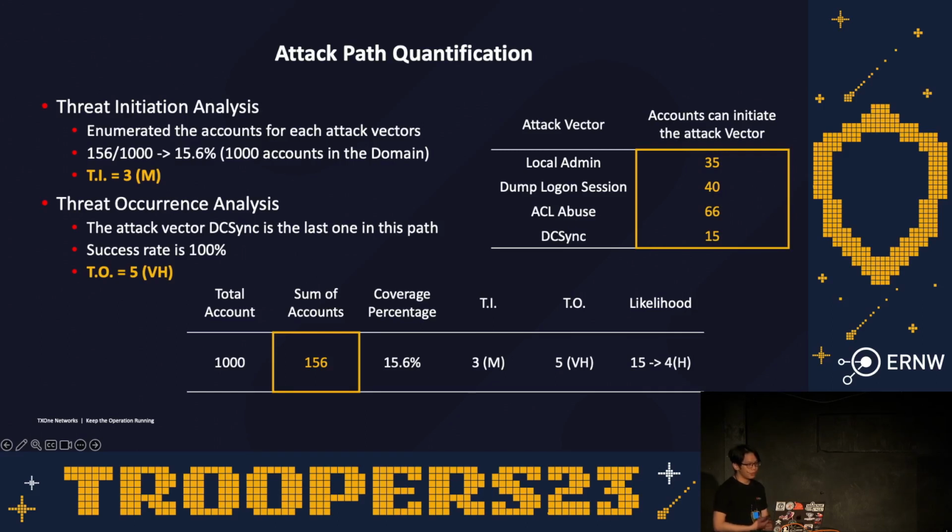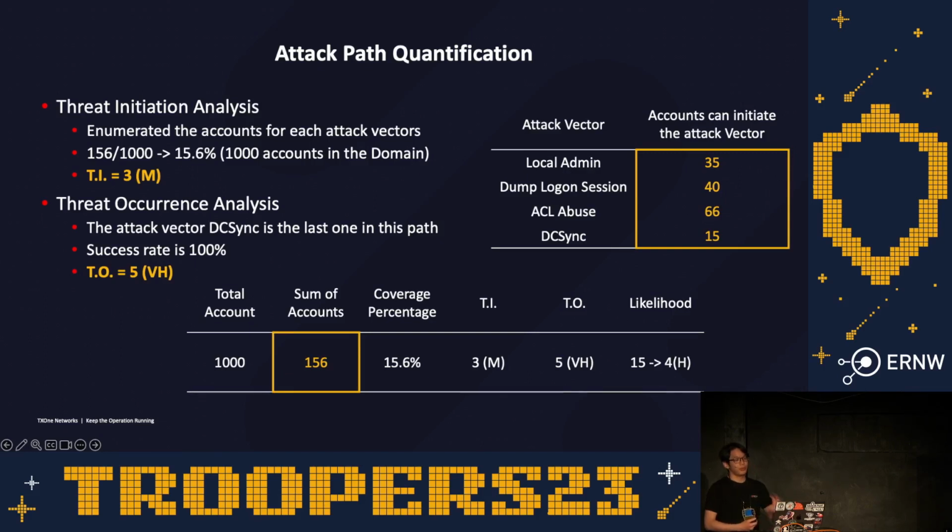And for the threat occurrence value, we assume that for the last attack vector, the DC sync attack vector, the success rate is 100%, which in this case is just an example demonstration. So the numeric value is 5, and the corresponding level is very high.